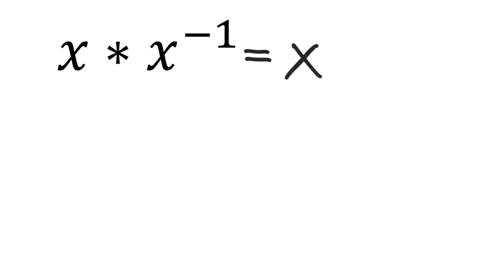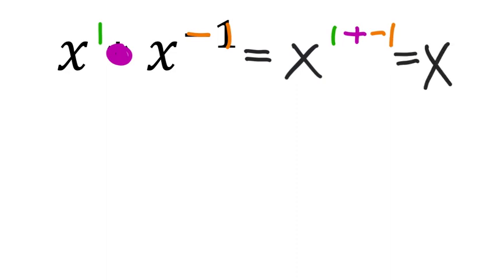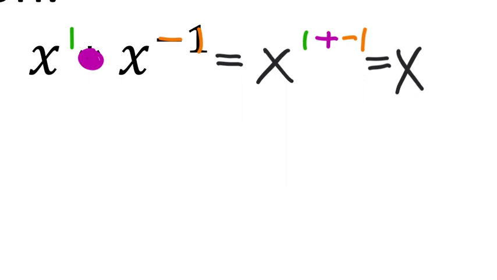We need to remember that x has an exponent of 1, okay? So I can see that we're multiplying the base x's, which tells us we will be adding the exponents of 1, and the second one, negative 1. Well, keep the base the same, x, but 1 plus negative 1 there is going to be 0, and we know anything to the power of 0 is just 1. Done.